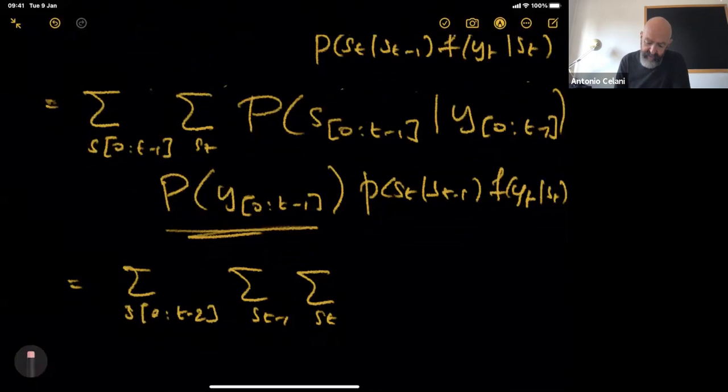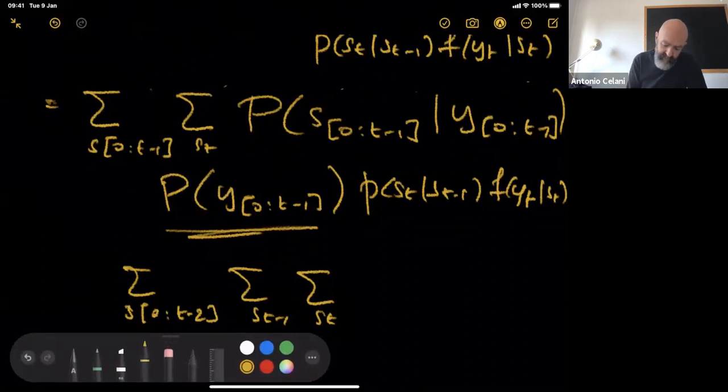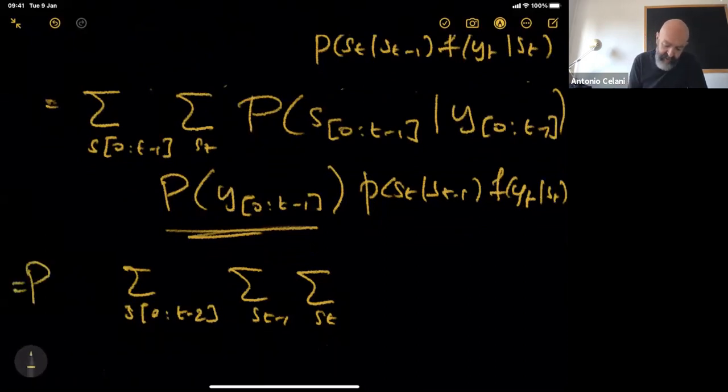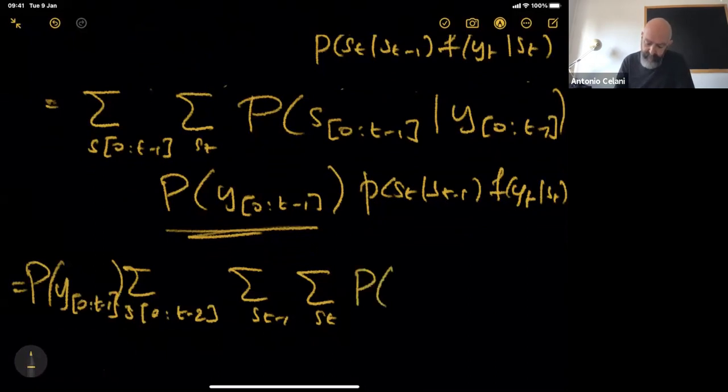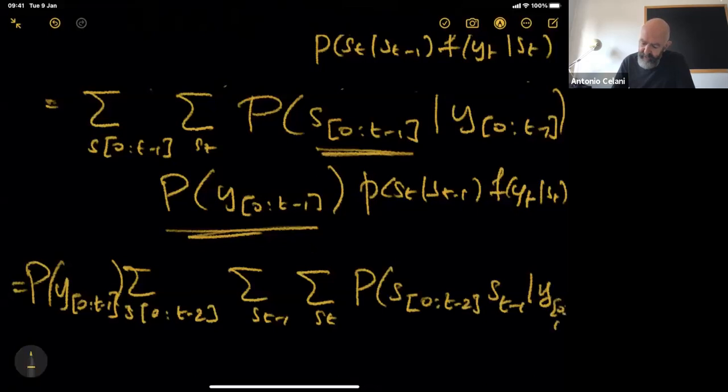And then I repeat this. So let me put it here. So this object goes out of the sum. And then I have this object here. And this history, I can split it into the past, the last one, conditioned on the observations until time 0, t minus 1.